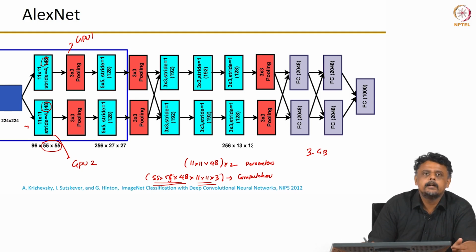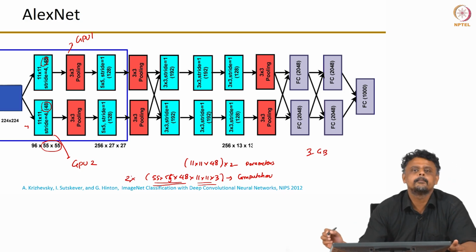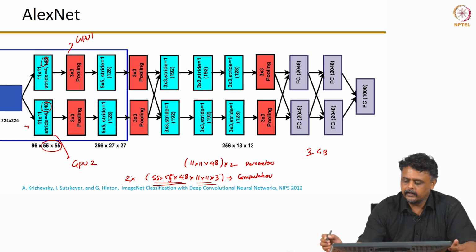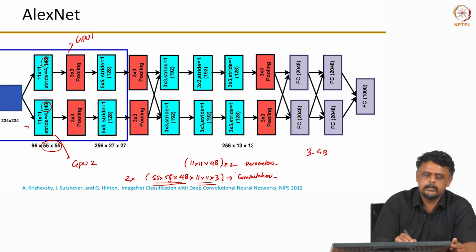Of course, the network is spread across 2 GPUs. So, this is for one half of the feature maps, so you have twice as many. This is the typical way you would calculate the number of computations in a network, and the number of parameters. You see the number of parameters is quite less in the initial layers.